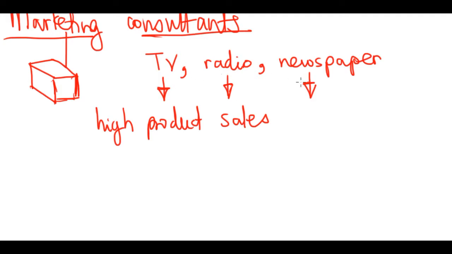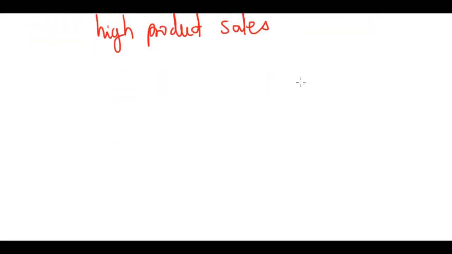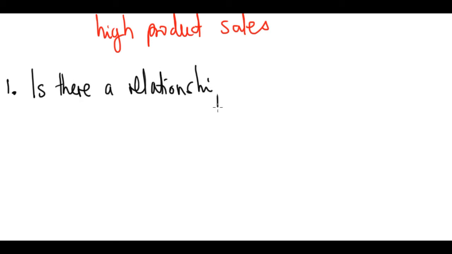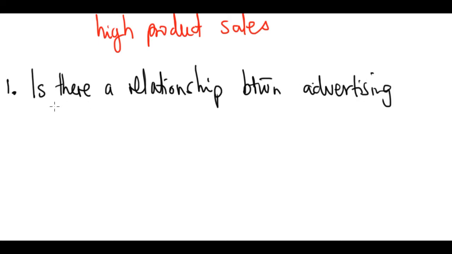So one might start thinking of questions that we will be trying to answer. Let me write the questions. Number one: is there a relationship between the advertising budget and sales?